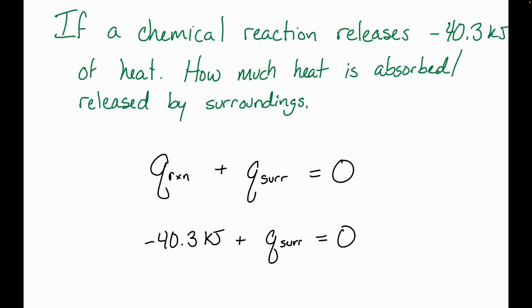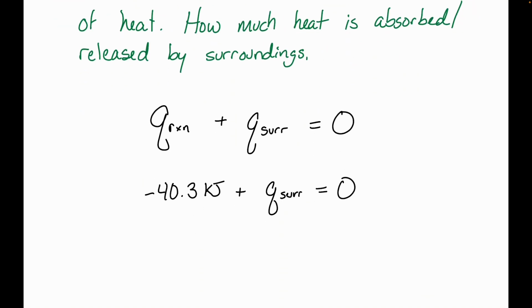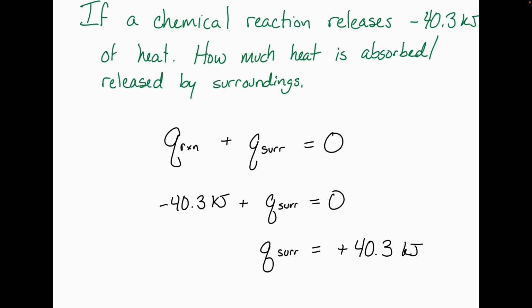Positive 40.3. Look, this equation is almost too easy that it like trips people up here. You're just going to flip the sign, right? These two things together have to be equal to 0. So that means that your Q surroundings is going to be positive 40.3 kilojoules. Right? Again, every amount of heat that's released by that chemical reaction has to go somewhere. It's going to go into your surroundings. All right?